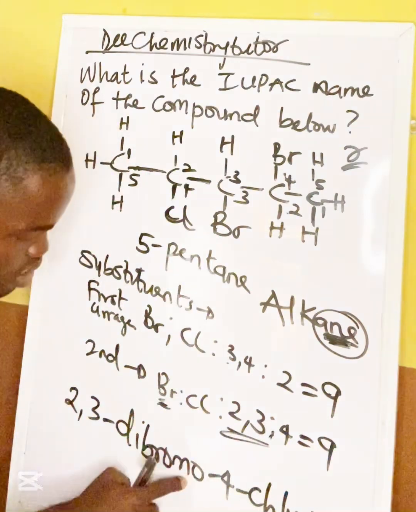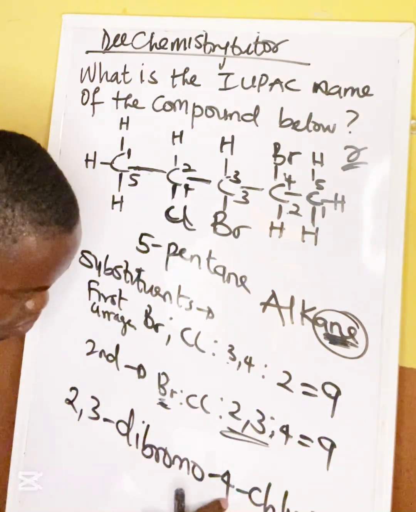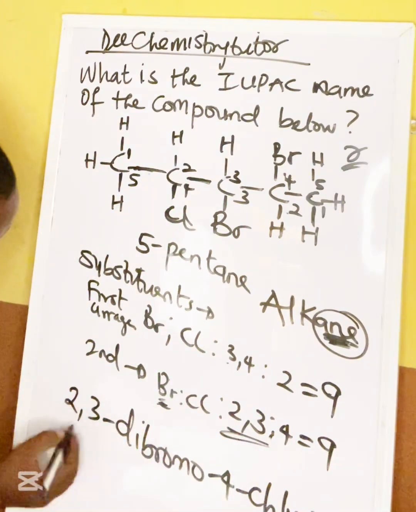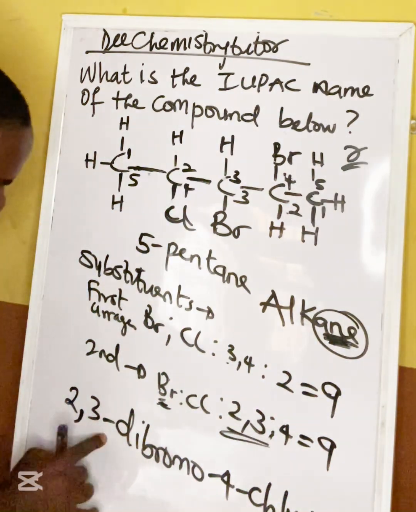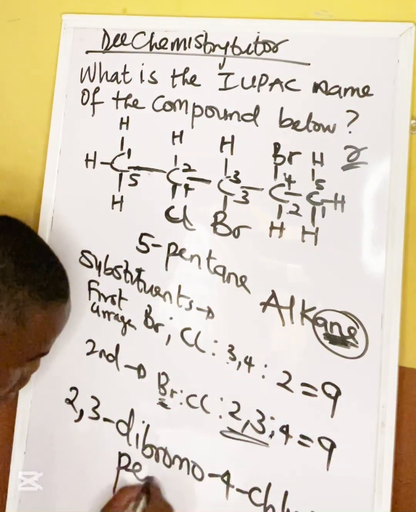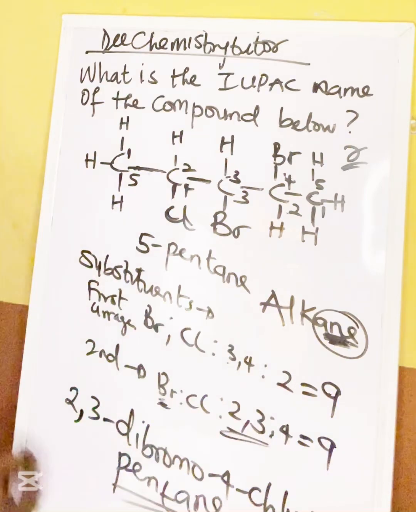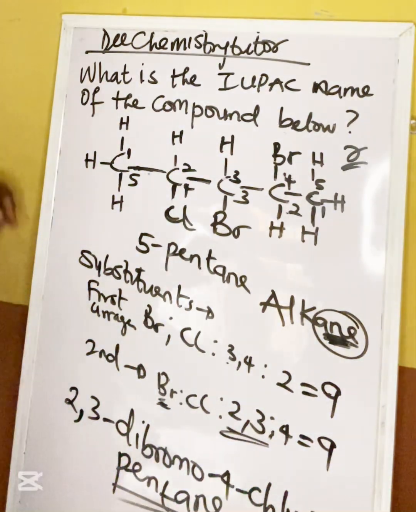Between a letter and a number I put a hyphen, and between numbers I put a comma. So 2, 3 dibromo, 4 chloro pentane. 4 chloropentane. That's the name.